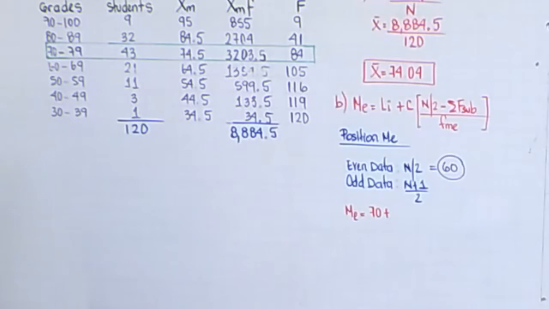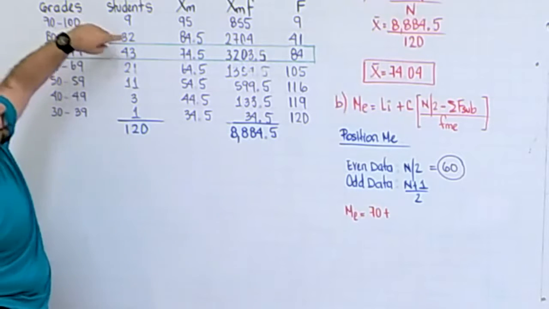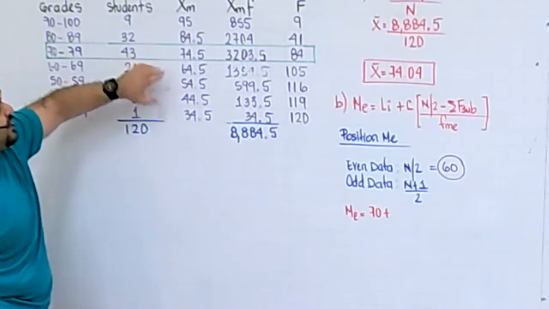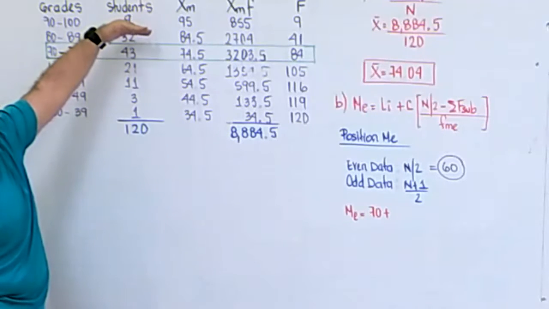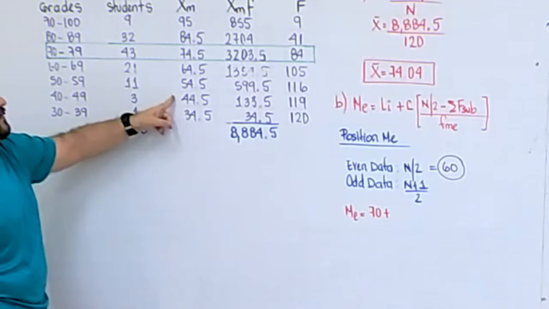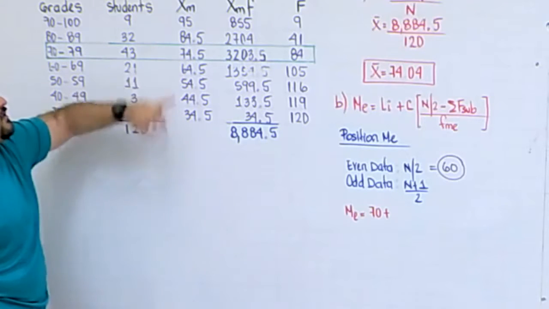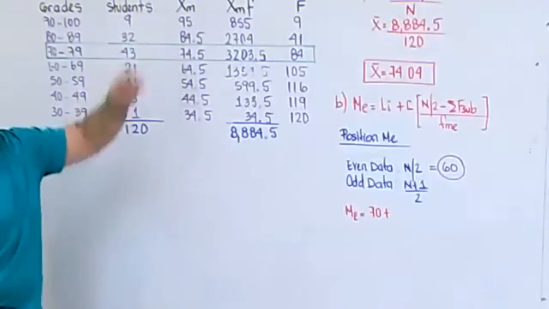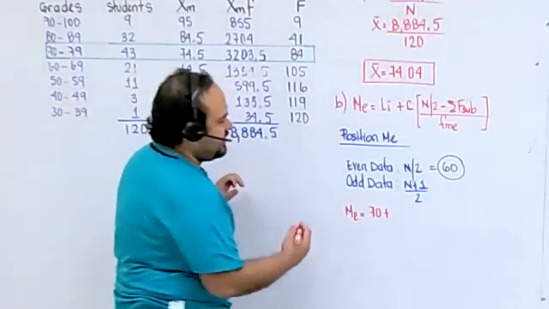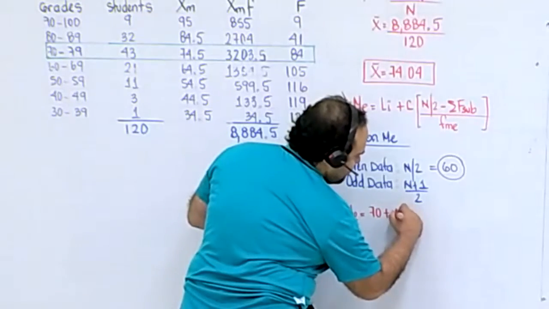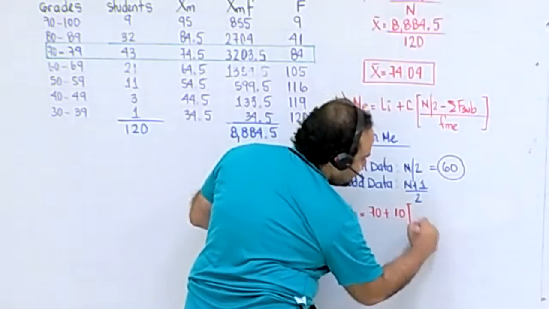If you see, in the class marks, we have a difference of 10 units: 34.5, 44, 54, 64, 74, 84, so 10 units. For that reason, the class width or amplitude will be 10 units.